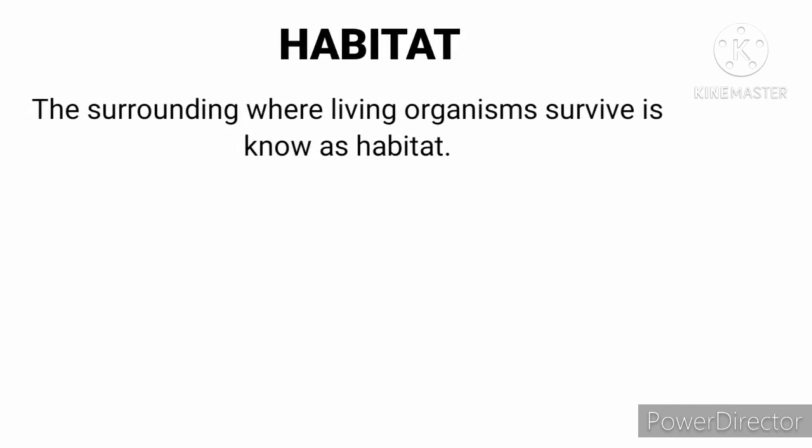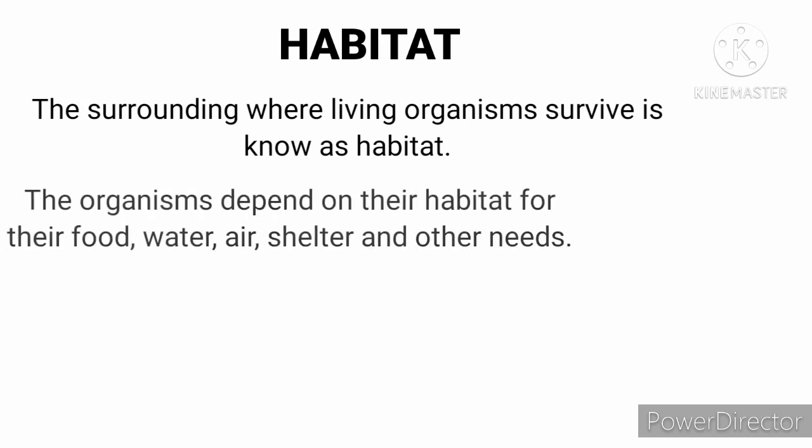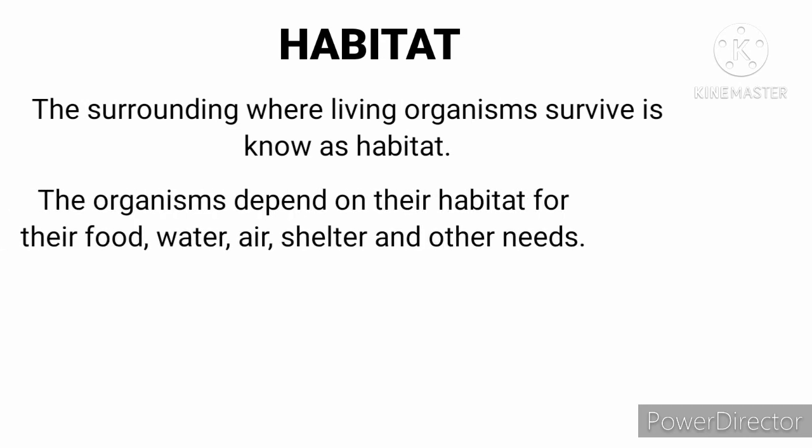Now your second topic is habitat. The surrounding where living organisms survive is known as habitat. The organisms depend on their habitat for their food, water, air, shelter and other needs. Means the condition in which organisms are living is known as its habitat, and according to their habitat they depend on different availability of foods.